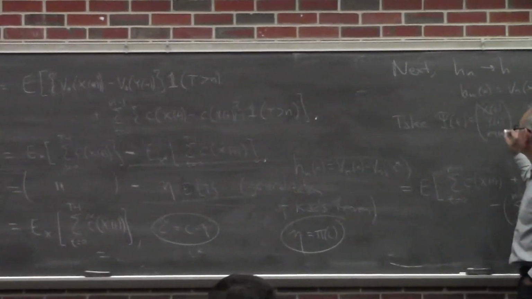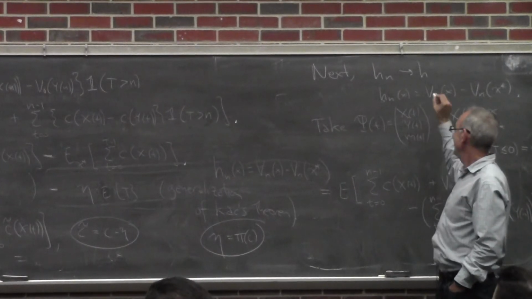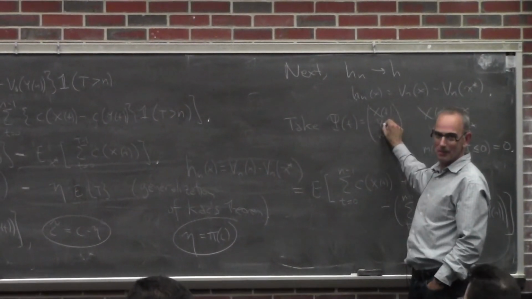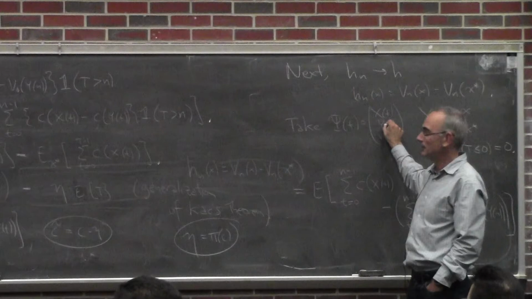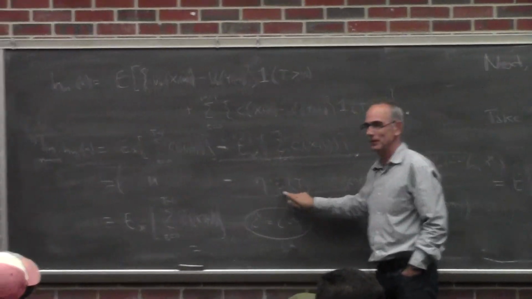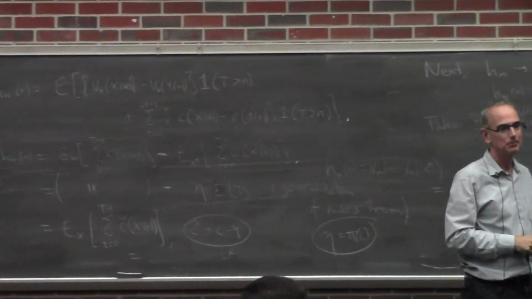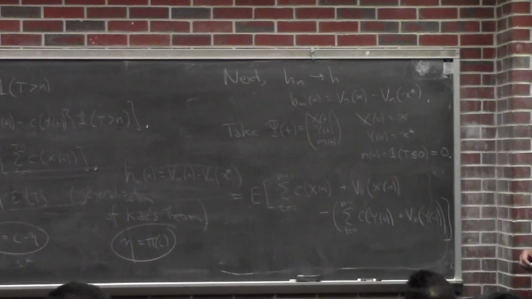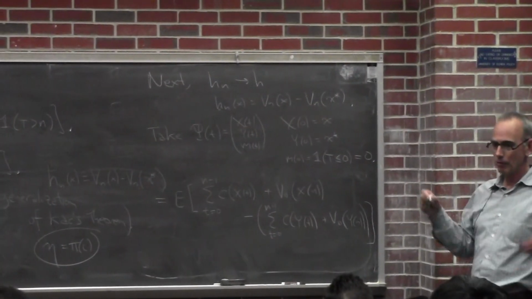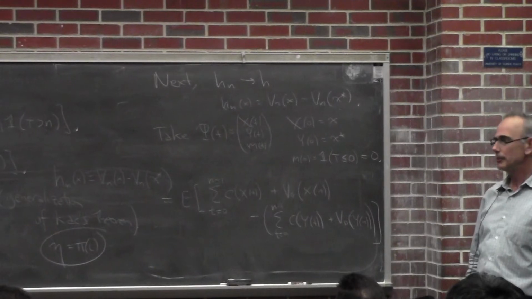It depends on the fact that I started not coupled, with x of t a little x, and y of t at x star. So that subscript there is a bit confusing. T was the first coupling time, the first time that the two guys hit x star.